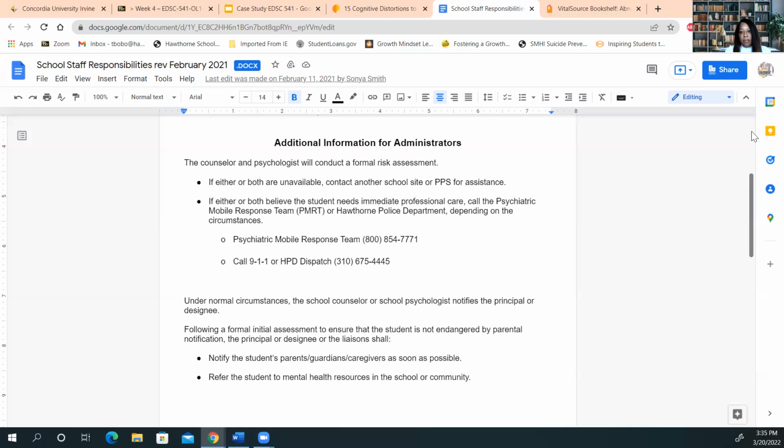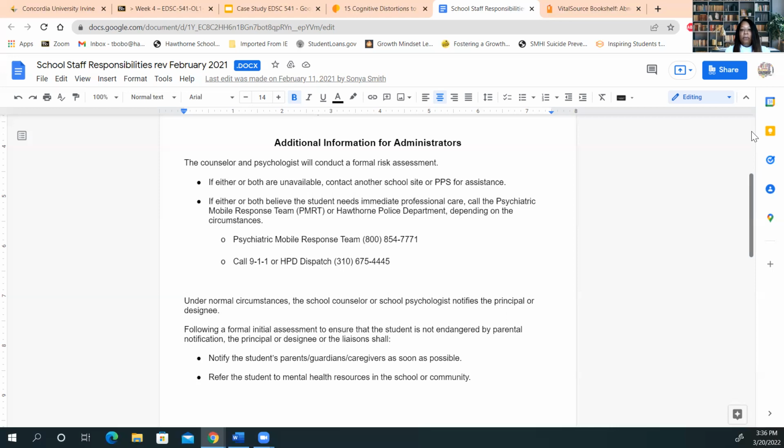Then the team meets and determines whether it is low, medium, or high risk. Whatever the case may be, the parent should always be notified. So at an elementary setting, we contact the parent, bring the parent in, discuss the information with the parent, give the risk assessment, determine whether the child can stay at school or not, and then go ahead and give the parent materials and information that they may need in order to watch the student.